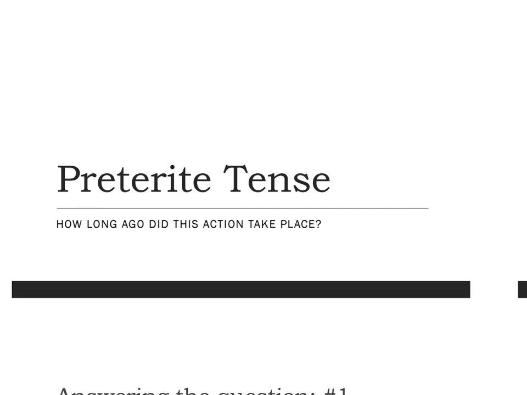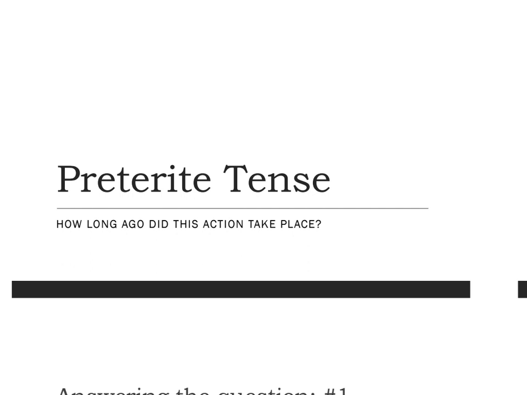describe time is if we use hacer with verbs in the preterite tense. And we do this to describe how long ago an action took place. So this isn't for actions that are still ongoing in the present. This is for actions that happened in the past. So they're over now.